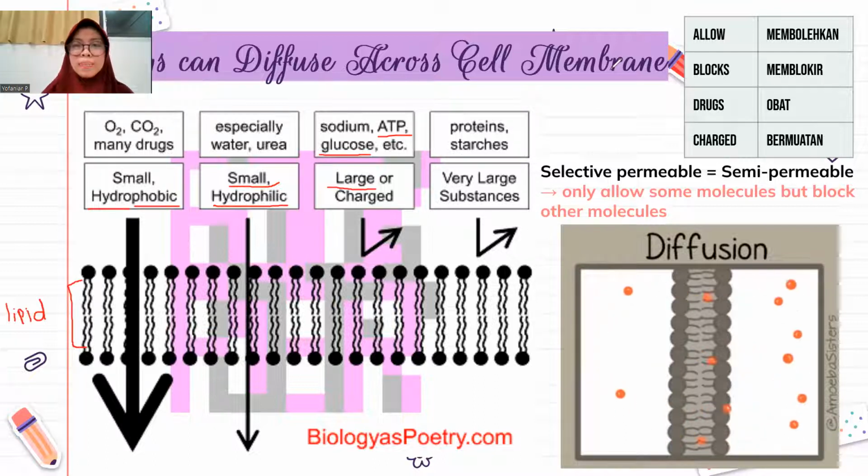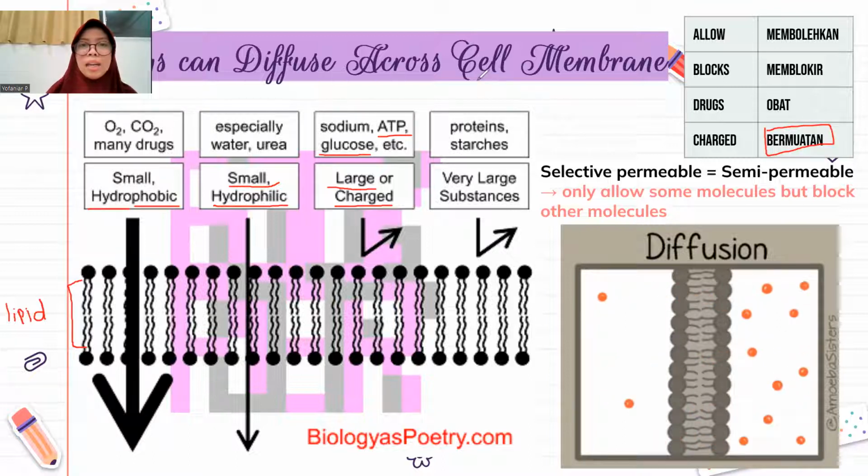Next, we have the charged. We are talking about ions. Charge means bermuatan. So if we have any ions, for example K plus, Na plus, Cl minus, and Ca2 plus, pokoknya kalau ada muatannya, ions, they cannot pass through the cell membrane.